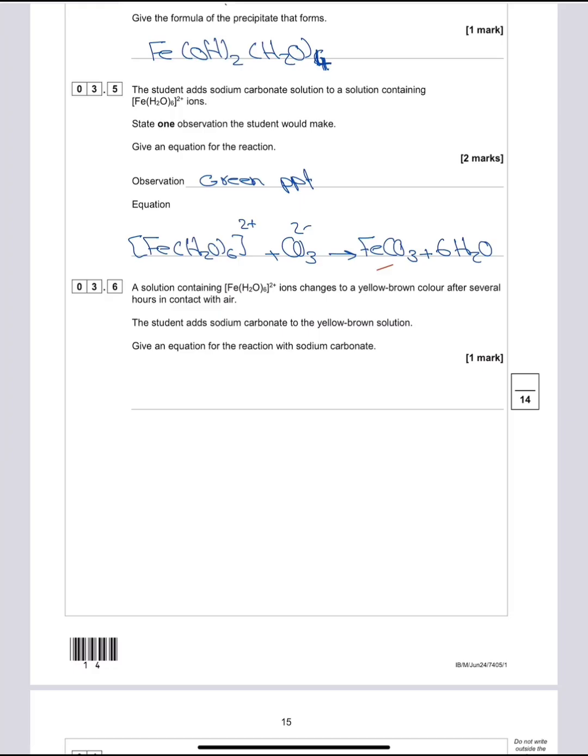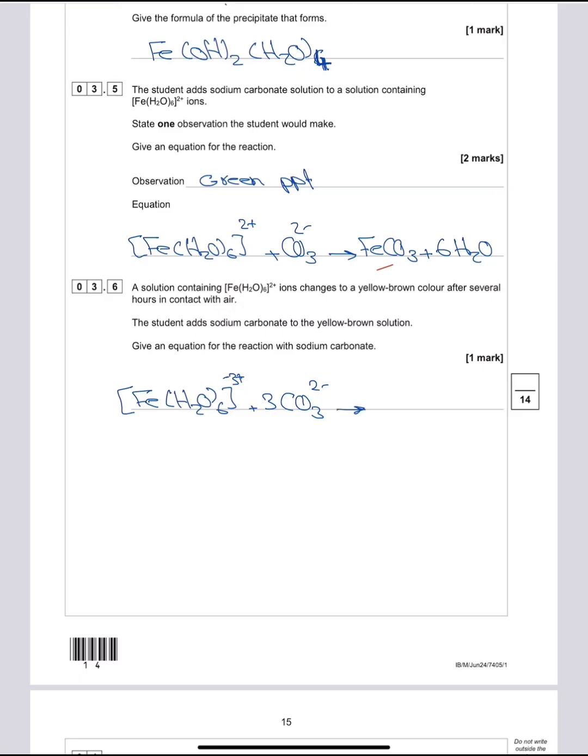Now we need to write the equation. So remember that we are talking about now the iron 3 plus. So Fe(H2O)6 3+, not the 2 plus now, plus the carbonate 2 minus, and we would need 3 of the carbonate now.